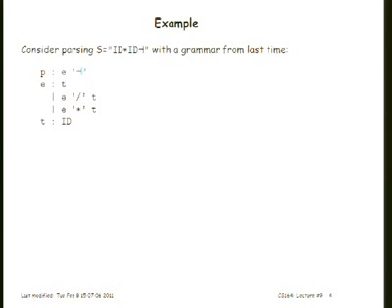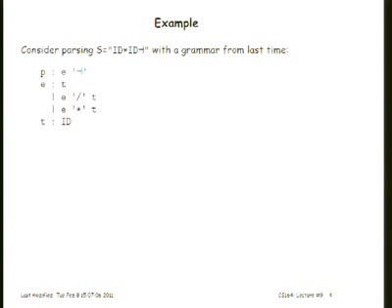So here's a programming language that strongly resembles something we've done before. And suppose that we want to parse the string ID times ID end of file. You'll notice that this is a left recursive grammar, so if I were to just write this as recursive descent, it would blow up.